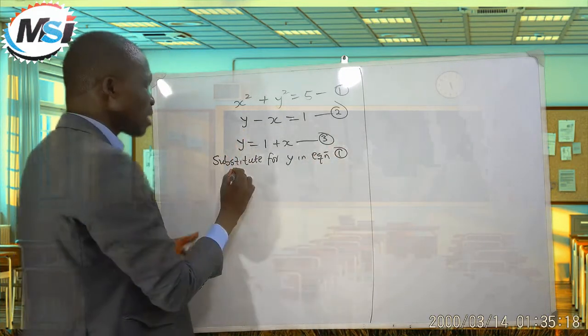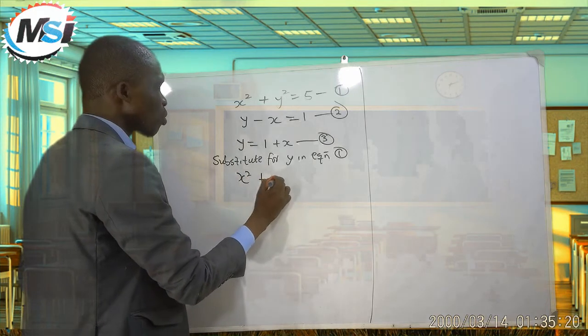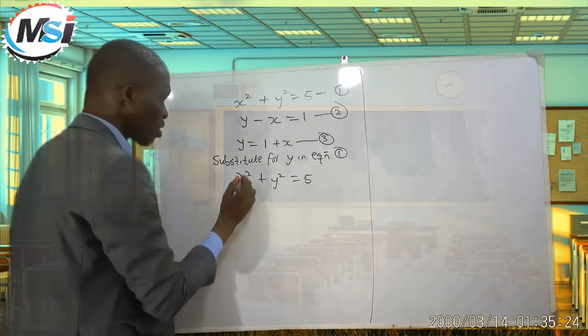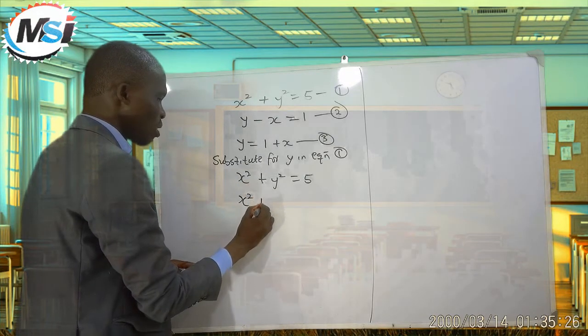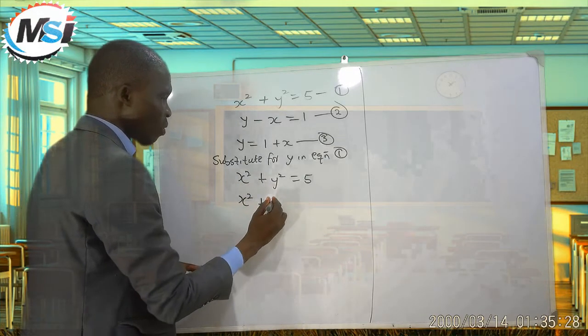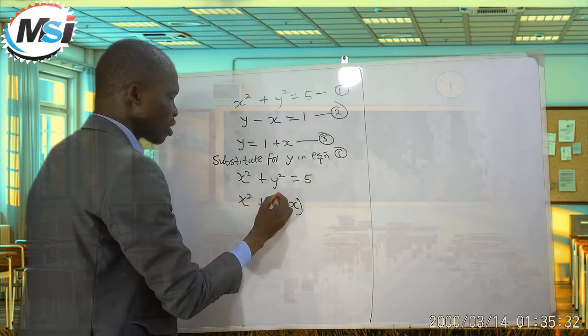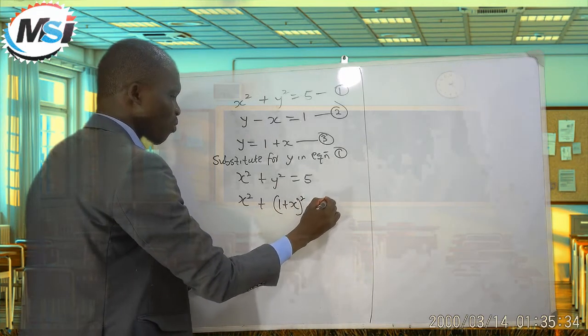So equation 1 is x squared plus y squared equals 5.